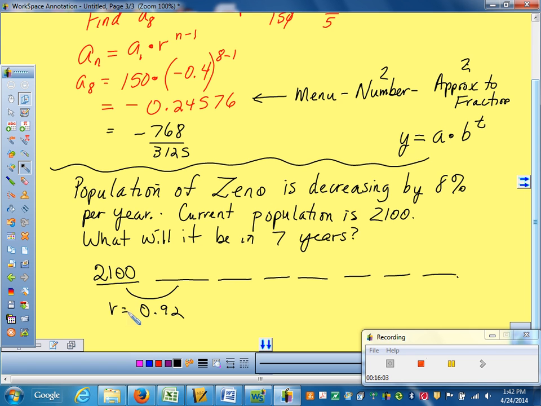Okay, the question is what term am I needing to find? 2100 is the first term. I have to go 7 more years. So I need to find the 8th term, because if 2100 is the first one, I got 7 more. That means this one out here is actually going to end up being the 8th term in the list. So we're actually finding the 8th term.